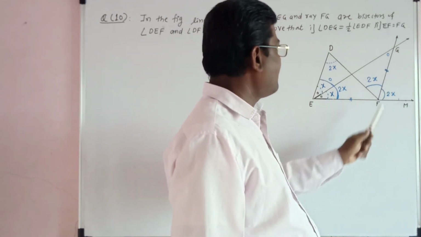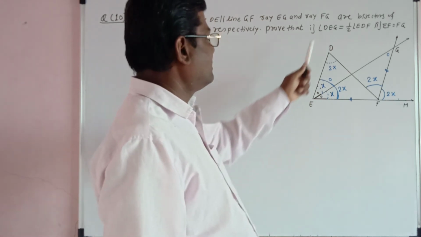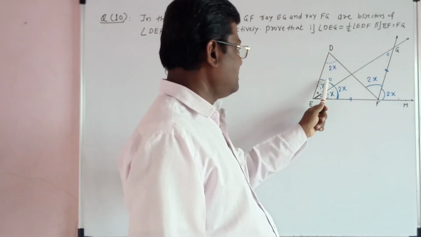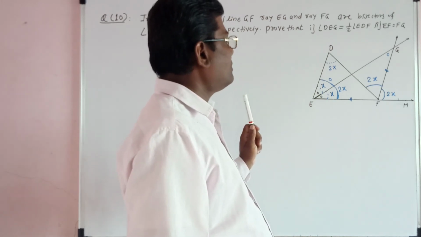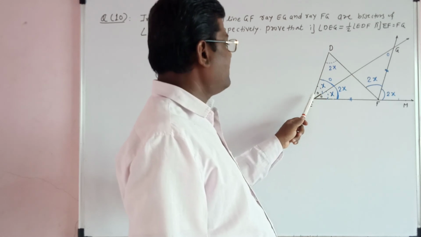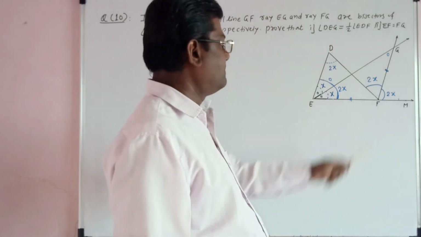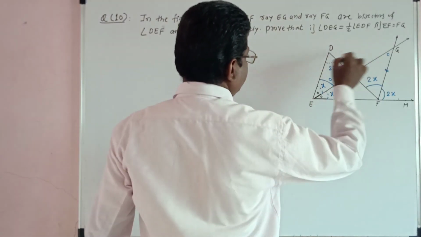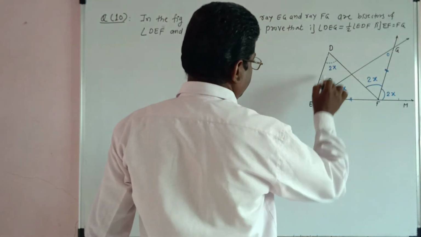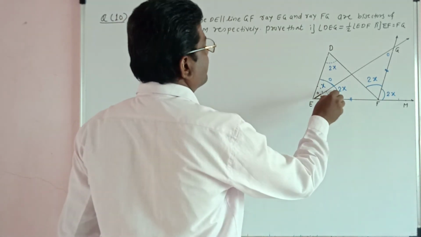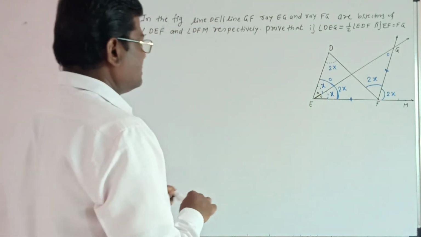This is angle DFM. Prove that angle DEG is equal to half into angle EDF. Now this EG is a bisector of angle DEF. So these two angles are congruent.